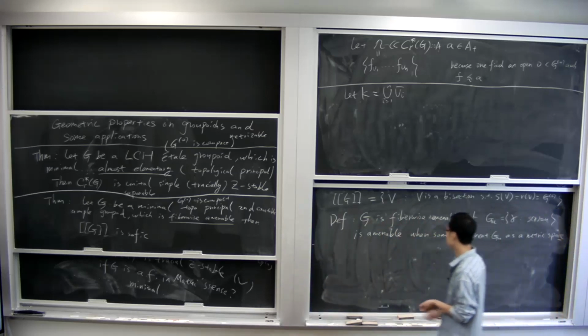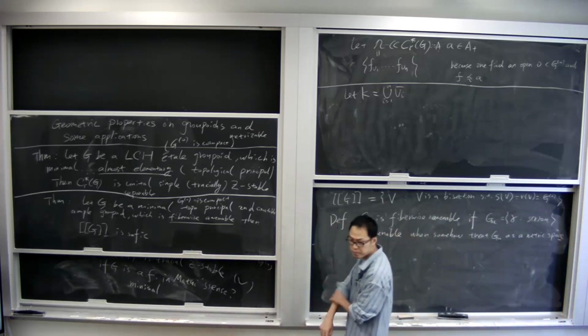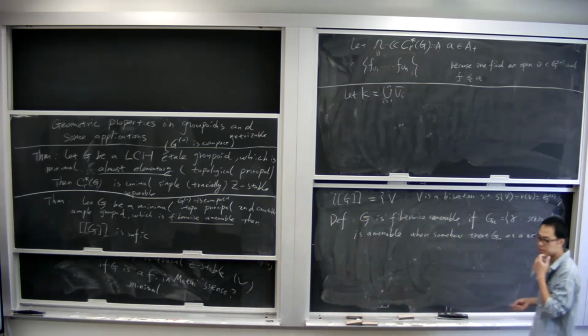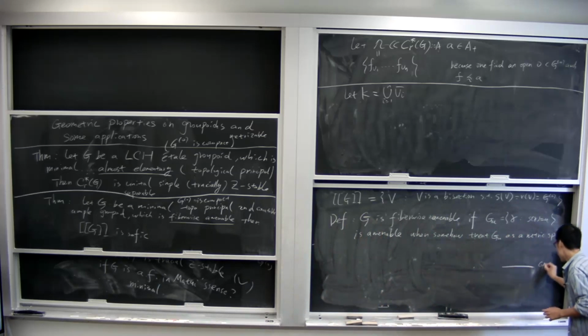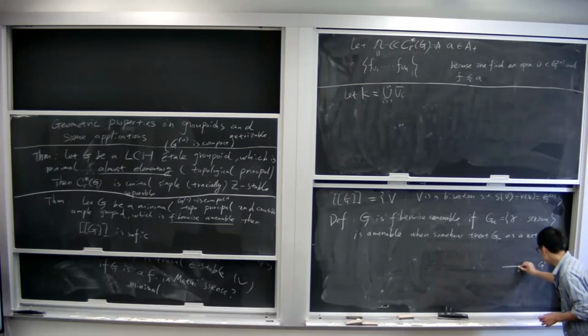But we're in the étale setting, so isn't the fiber discrete? Yes, but it also tells you that, suppose this is your unit space and this is your fiber for u. Étaleness also tells you that you have bisections as a basis for the topology of the groupoid.